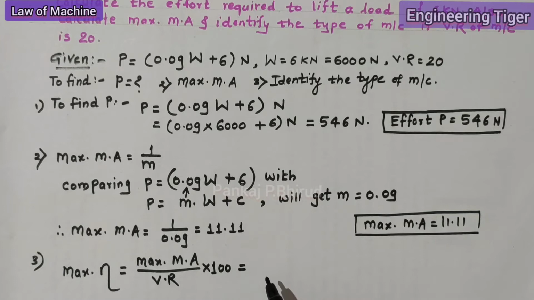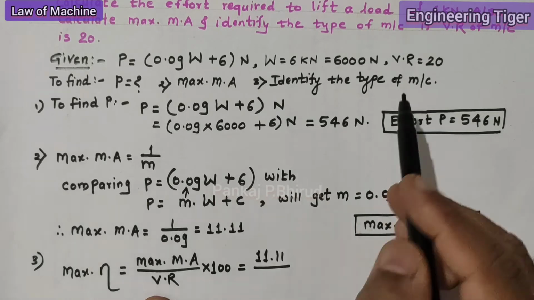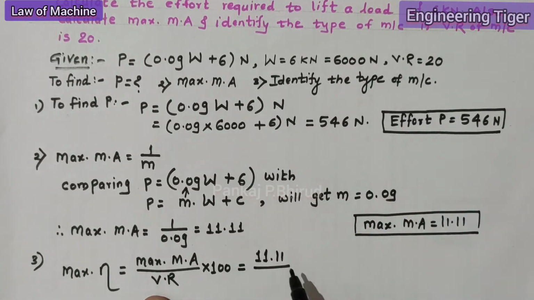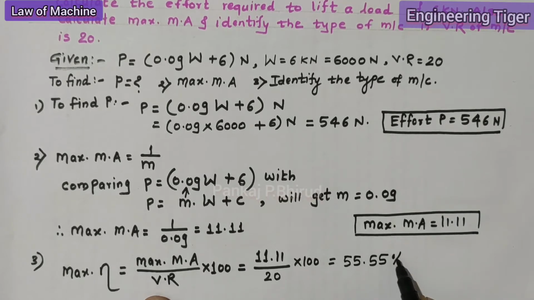So equal to maximum MA is 11.11 upon velocity ratio. Now velocity ratio is given, so it is 20 into 100. So we'll get 55.55%.